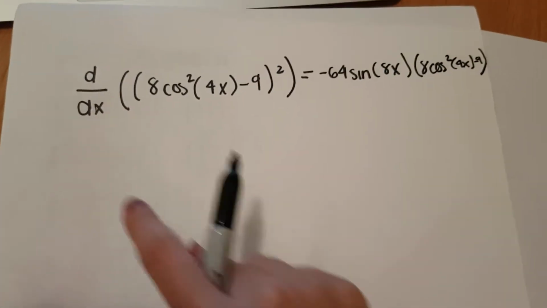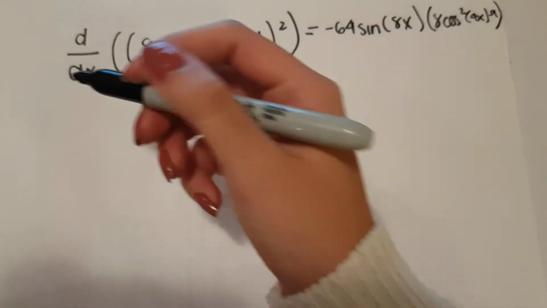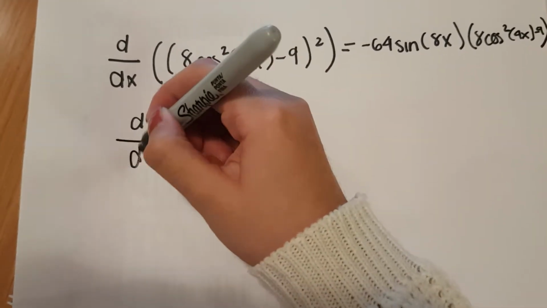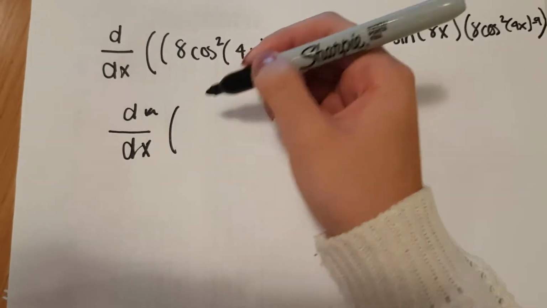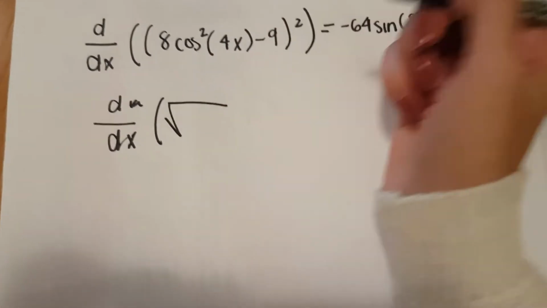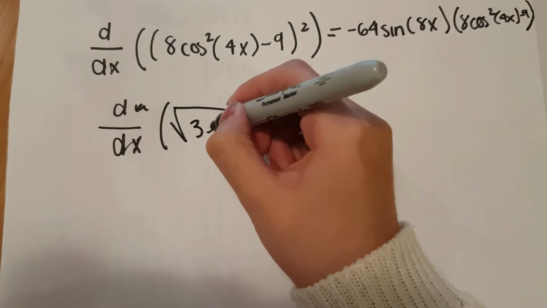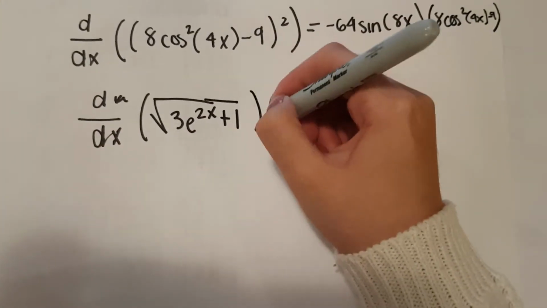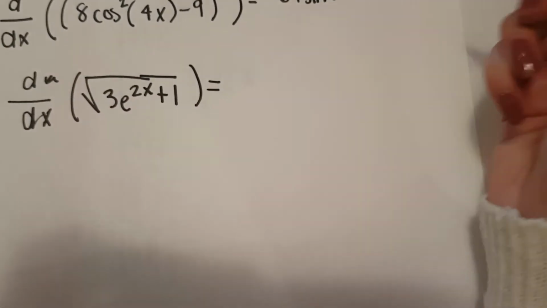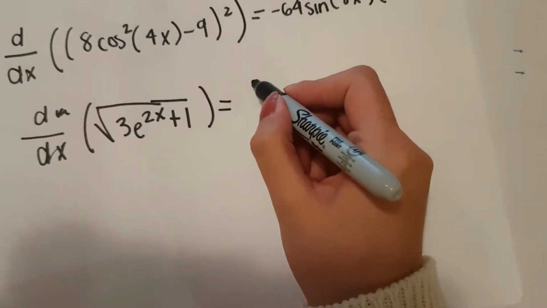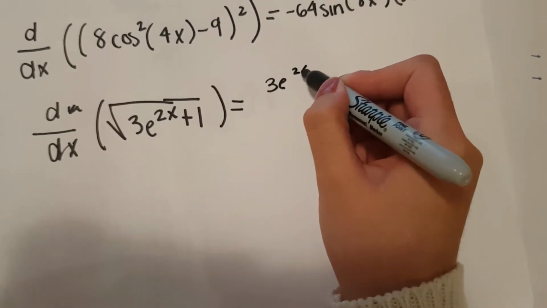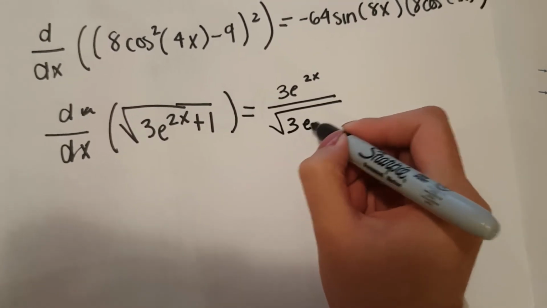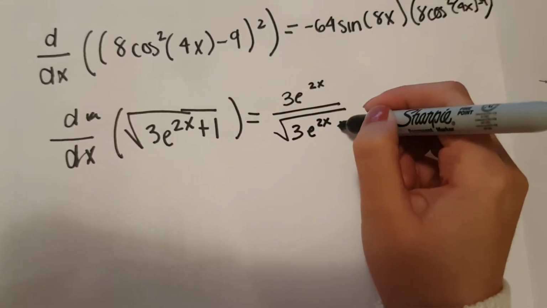And then, now that we have all this, we're going to write dx. Then we open a parenthesis, and we're going to write 3e to the 2x plus 1. We close the parenthesis, and on the other side of the equation we're going to write 3e to 2x over the square root, that is 3e to the 2x plus 1.